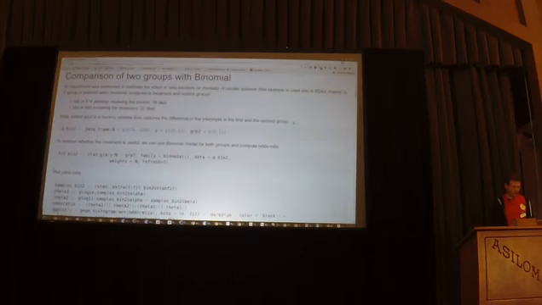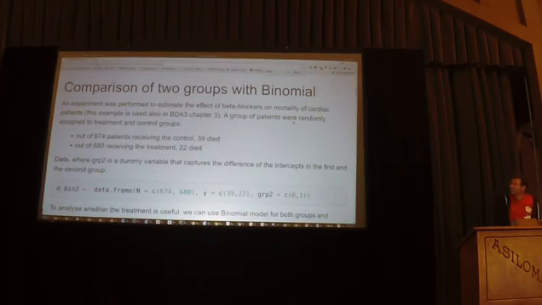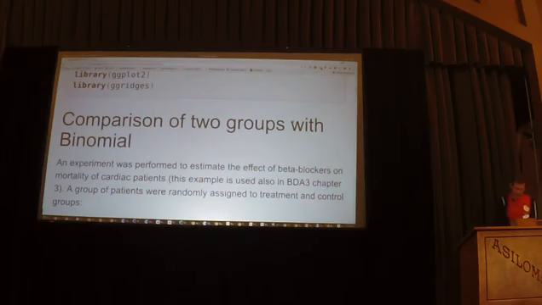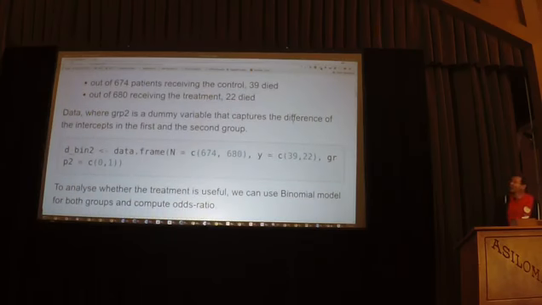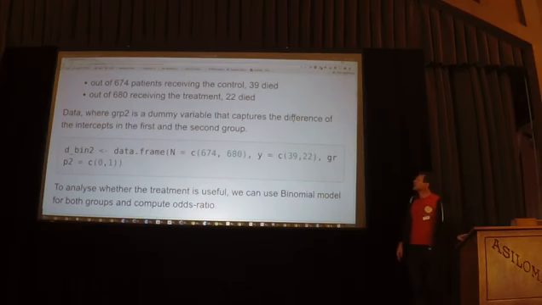So this is comparison of two groups with binomial model. Now I think you don't, which point you can see the text? So can you see at the back? Yeah, at least someone can see, someone with the supervision.